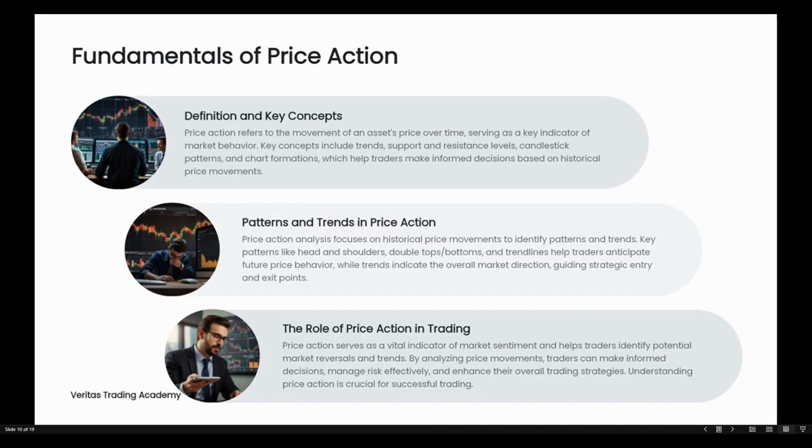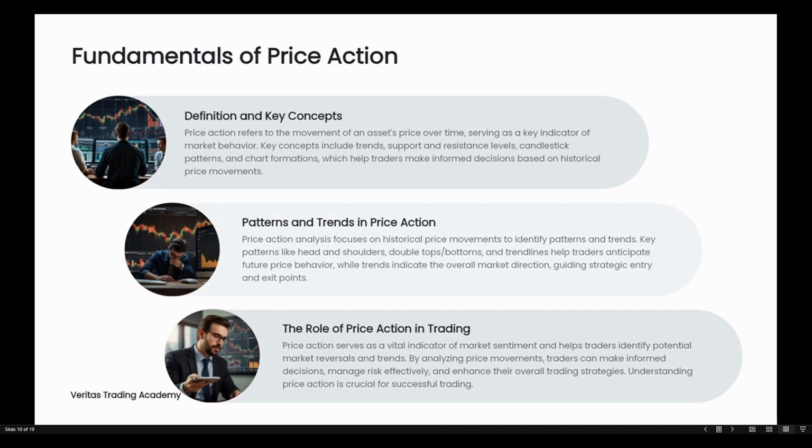The second thing to look at is support and resistance. Remember what we said about volume: what happens at your support level and your resistance level, whether you're in accumulation or distribution. The third thing is candlestick patterns, which can be your engulfing patterns and your dojis.